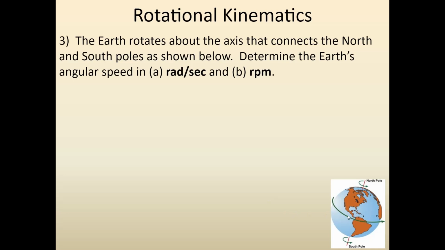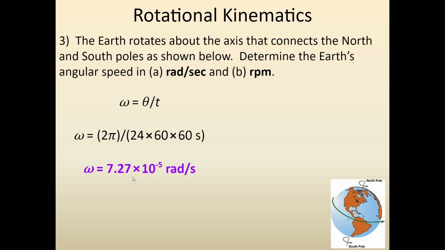Well, we do know in one full day, the Earth makes one full rotation. So the angular displacement is going to be 2 pi radians. And the amount of time is 1 day. So there's 24 hours in a day, 60 minutes in an hour, and 60 seconds in a minute. So plug that in for time. And we end up getting 7.27 times 10 to the negative 5 radians per second.